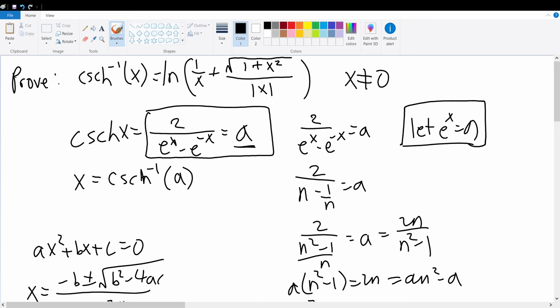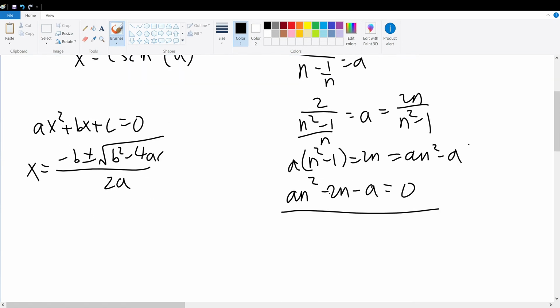We don't know what e to the x is equal to. We just set it equal to the variable n, while we know what a will be, because a will be 2 over e to the x minus e to the negative x. Therefore, we have a variable and we have the constants in front of it, with the highest power being the square, equal to 0, in the form of a quadratic equation.